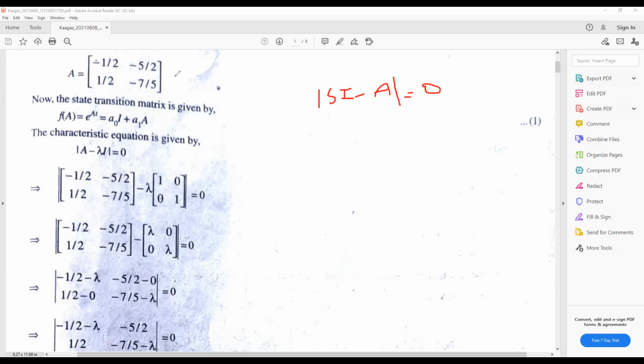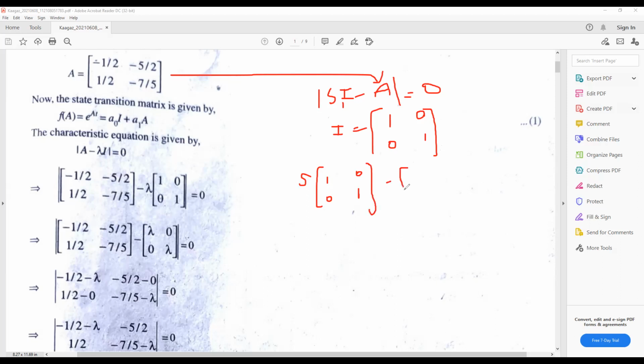The A matrix is the given 2 by 2 matrix, and we assume the identity matrix is also 2 by 2, so it is 1 0 and 0 1. So s into the identity matrix 1 0 0 1 minus the A matrix, which is minus 1 by 2, minus 5 by 2, 1 by 2, minus 7 by 5.